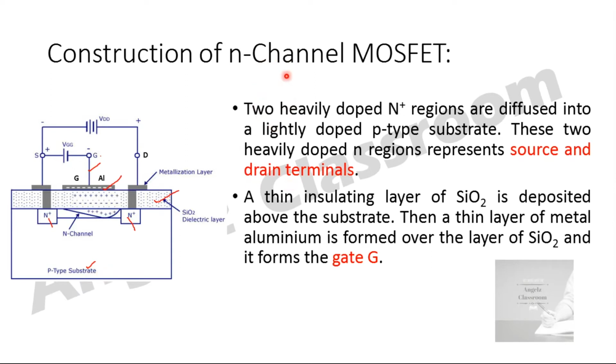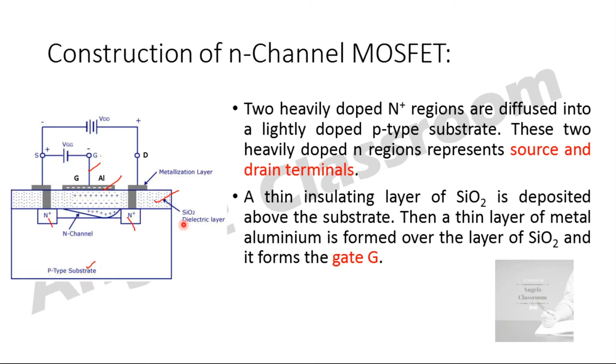Now you are going to construct an N-channel MOSFET, so I am choosing the P-type substrate. In this P-type substrate, I am going to dope N plus layers. So N plus impurities I am doping. This is made because I want to take my source terminal and drain terminal. For this reason, I have created N-type wells in the P-type substrate.